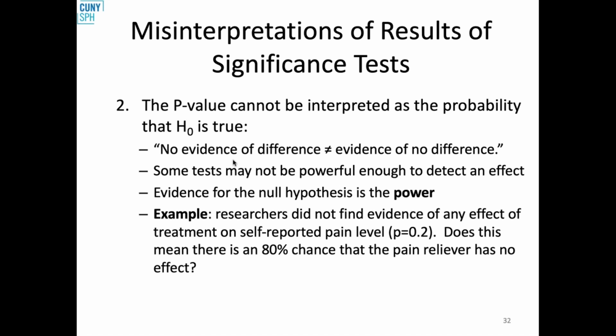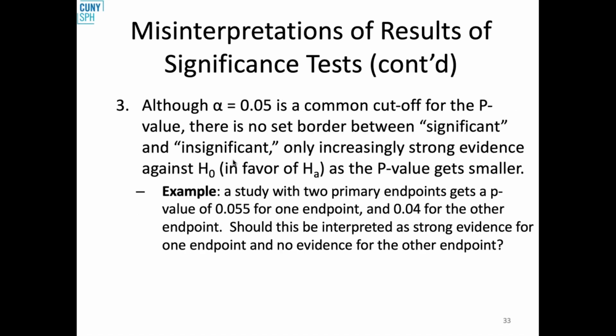It's not evidence that the two groups are the same. So that p-value only means something in terms of probability of the two population means being different, not being the same. So don't fall into that trap of saying, instead of we fail to reject the null hypothesis, we accept the null hypothesis. Don't say we accept the null hypothesis ever.